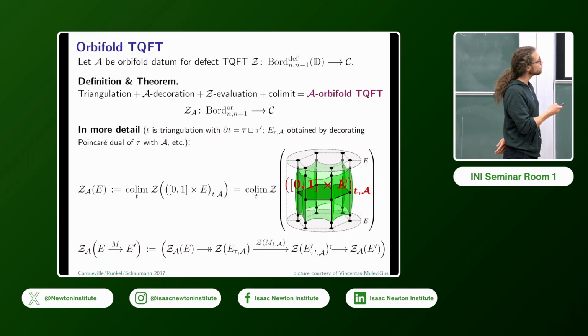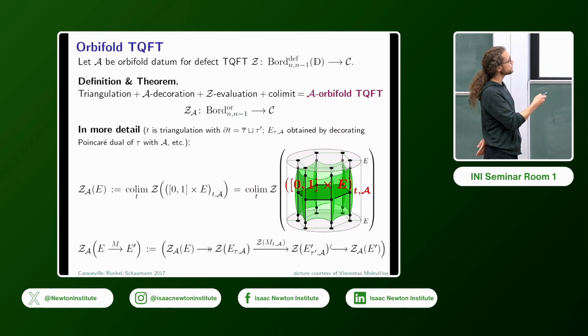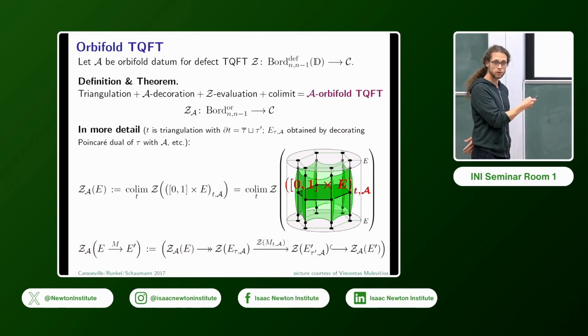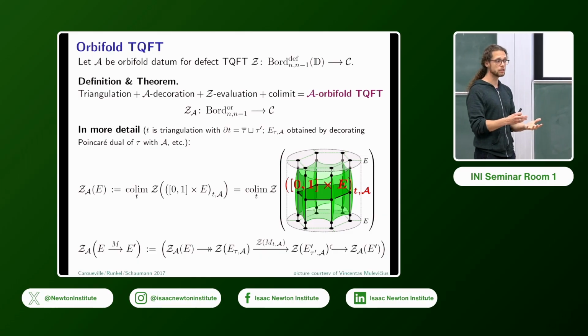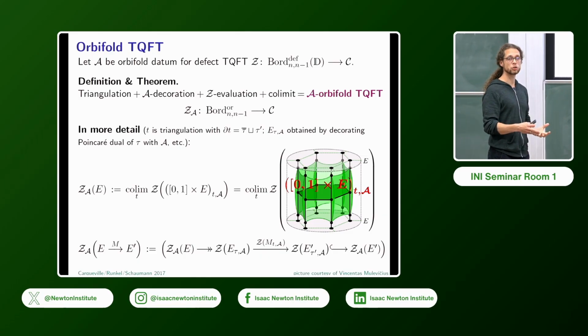If you start with the trivial defect TQFT in dimension 2+1, and then find an orbifold datum that comes from a spherical fusion category, then you do the thing that I said 15 times. Take your bordism, choose a triangulation, put your data, the orbifold data, on the Poincaré dual, evaluate with that, and where necessary, compute the image of some idempotent.